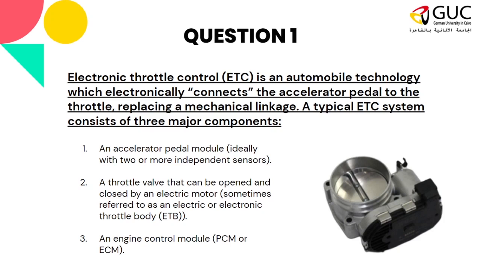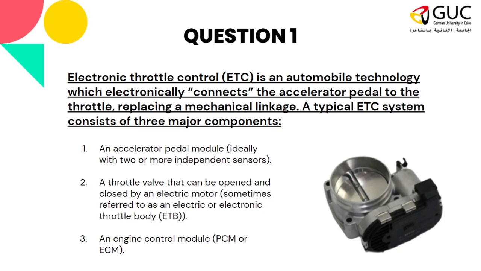So question 1: we have something called an electronic throttle control. This is something in cars. We will read the description and then say it in a simpler manner. An electronic throttle control is an automobile technology which electronically connects the accelerator pedal to the throttle, replacing a mechanical linkage.